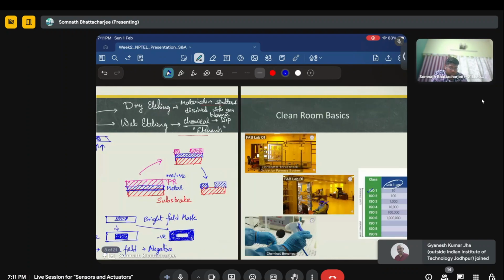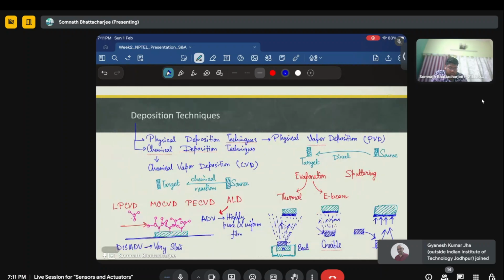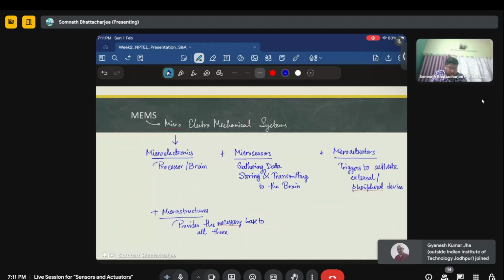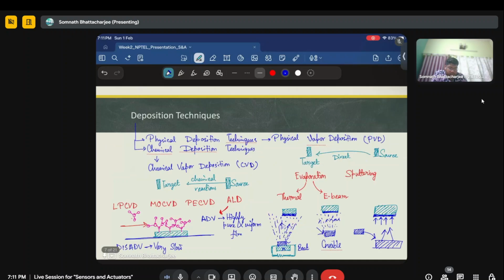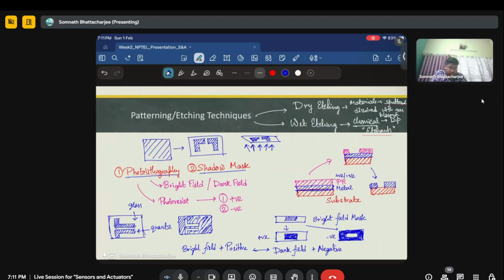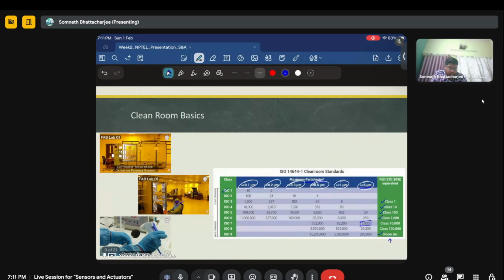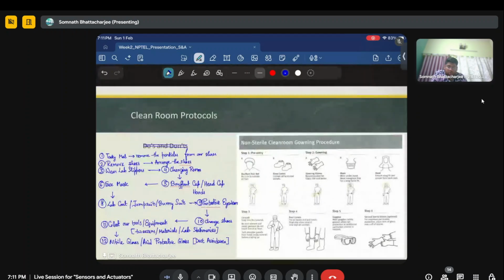Anything regarding what I have already spoken about? From the basics of microfabrication, towards deposition techniques, patterning techniques, and then the clean room basics and the clean room protocols. If anyone has any questions, you can ask me.